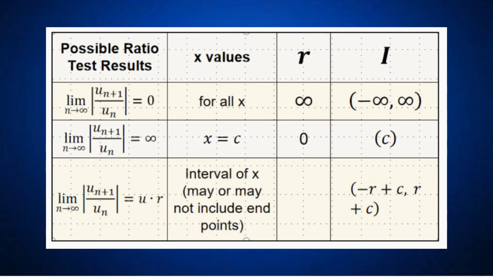Then, if our ratio test result is a value times the absolute value of x minus c less than 1, the interval of x may or may not include the endpoints, and our interval is from negative r plus c to r plus c. And now, let us proceed to the examples.